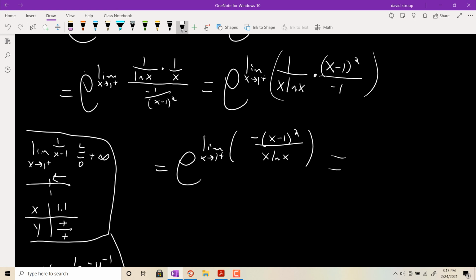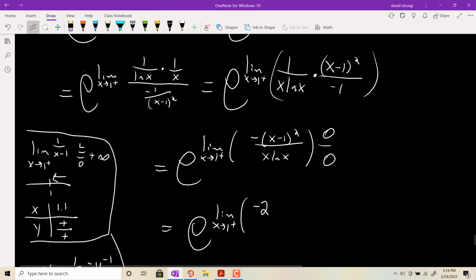So in the numerator, it's 0. And in the denominator, if you plug in 1, you'll get 1 times ln of 1, which is also 0. Right? So that's a 0 over 0 form. You can do L'Hopital's. So we'll have e to the limit as x goes to 1 from the right of, in the numerator, negative 2 times x minus 1, and in the denominator you have to do a product rule.